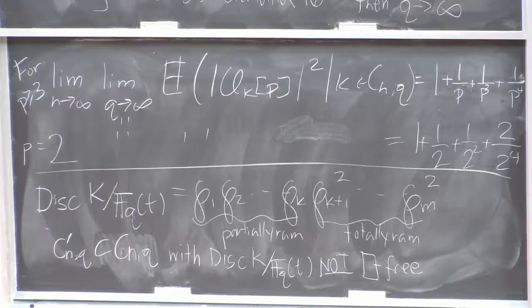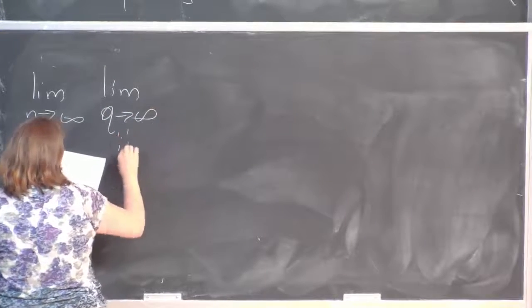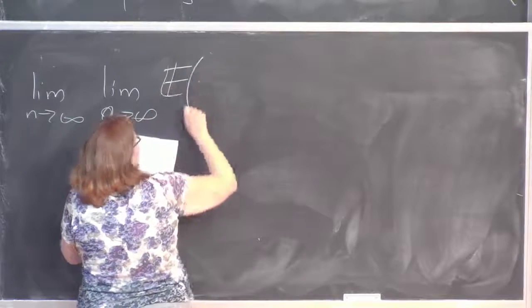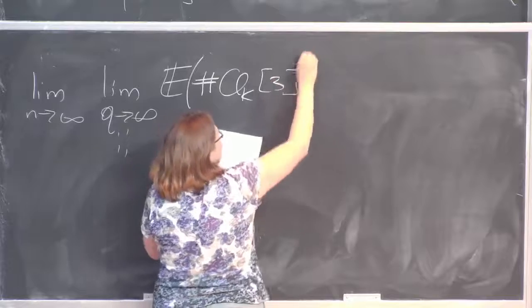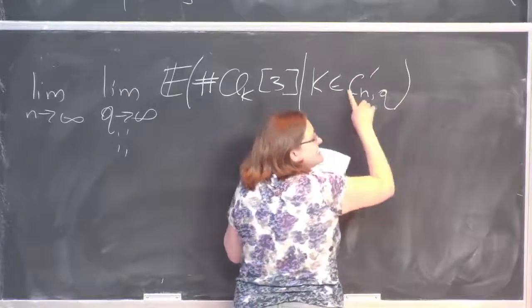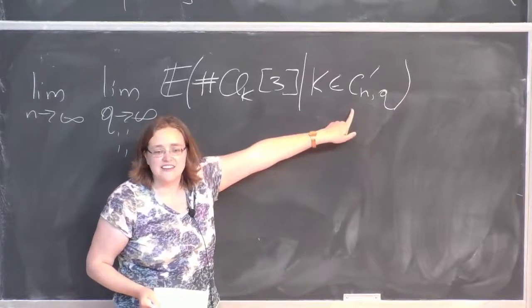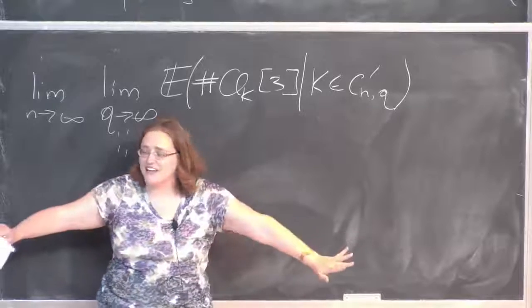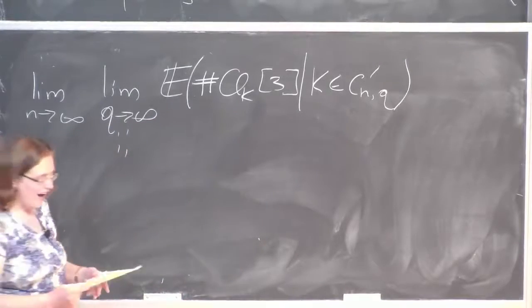But continuing on here, so this limit, where we still got the same kind of limit, if we now take the average of the 3-part and we force K to not have square-free discriminant. So as q goes to infinity, we don't see any of these fields, because as little q goes to infinity, the square-free discriminant things become 100%.